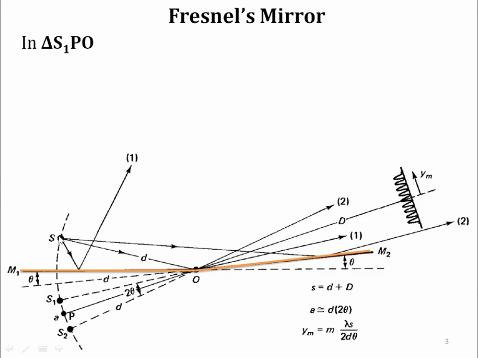Similarly, another ray coming from this source gets reflected just from the point on the edge of the first mirror, just at the junction of the two mirrors, but the reflection is occurring from the edge of the first mirror M1. And for that ray, of course, you should try to draw a perpendicular. Suppose one mirror is in the horizontal direction.